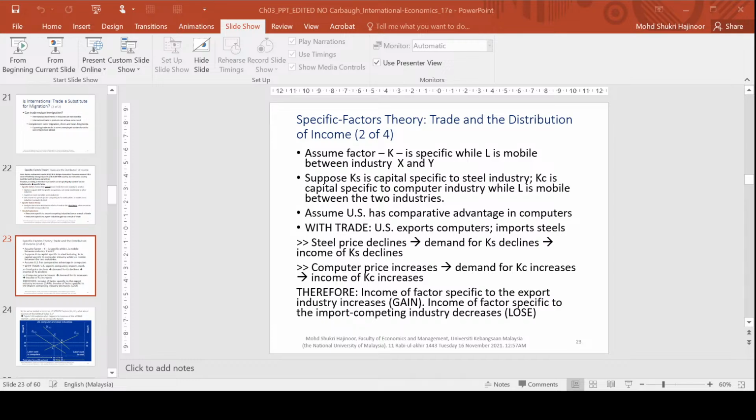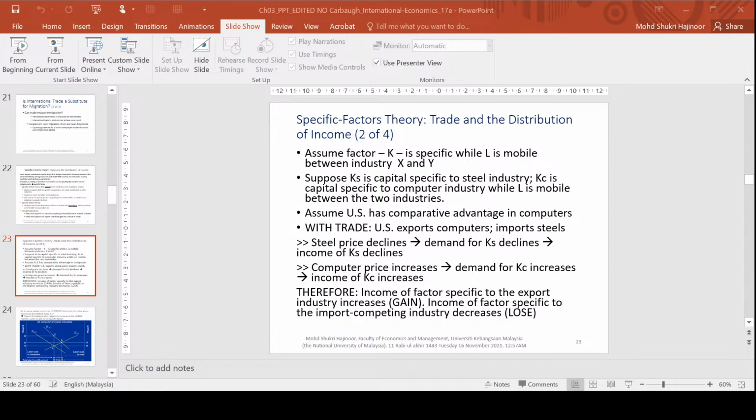Computer price increases because of trade. Before trade, computer prices were low in the United States. With trade, the world price is higher than the domestic price before trade. So computer price increases with international trade, with free trade.